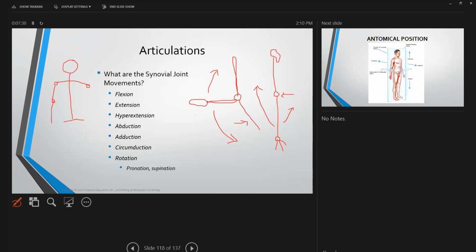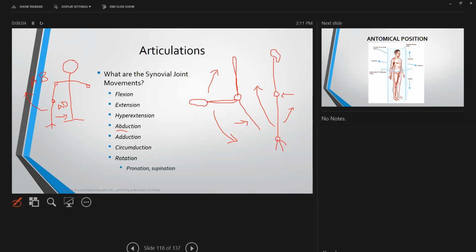So if you're in the anatomical position and you're going to abduct, abduction, you're going to go away from the midline. And if you're going to adduct, you're going to add the arm back to the midline. So abduction and adduction. So add to the midline.